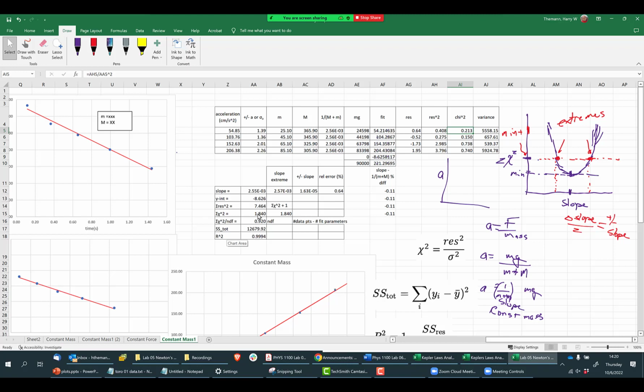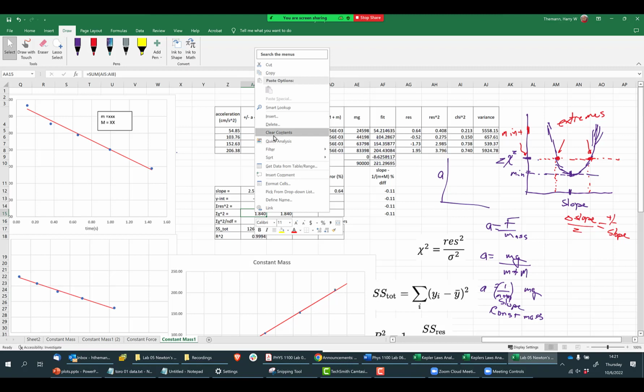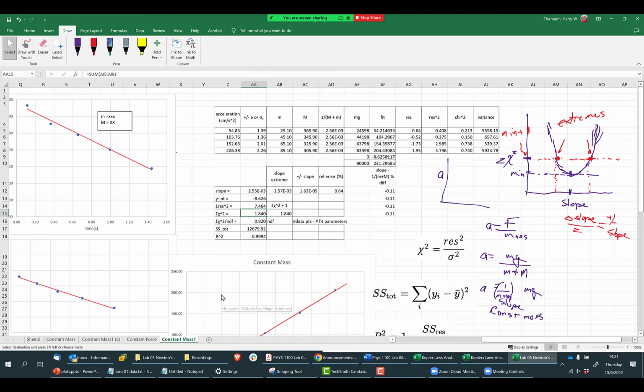So anyways, here is the sum, right? So this is a little tedious. I haven't been able to figure out how to have Excel do this completely automatically. So we're going to copy that best fit value.